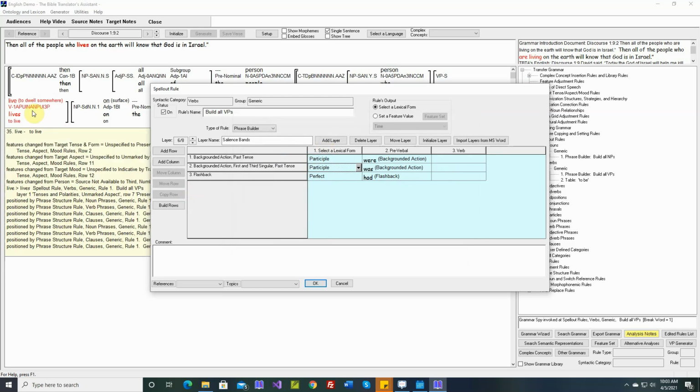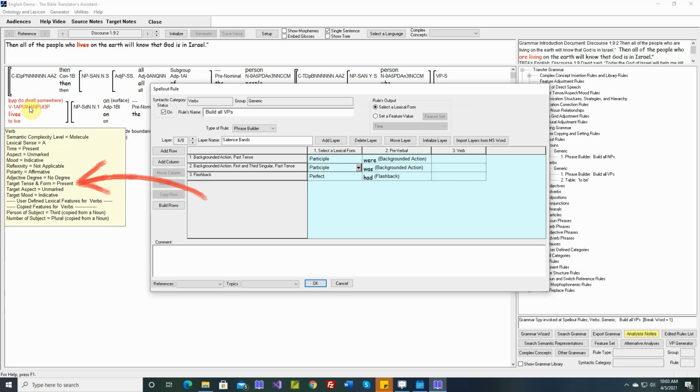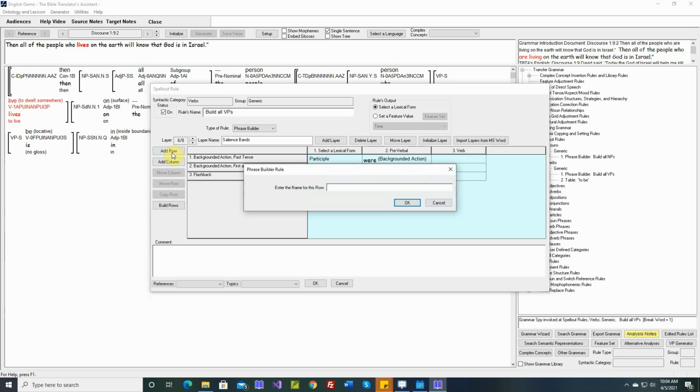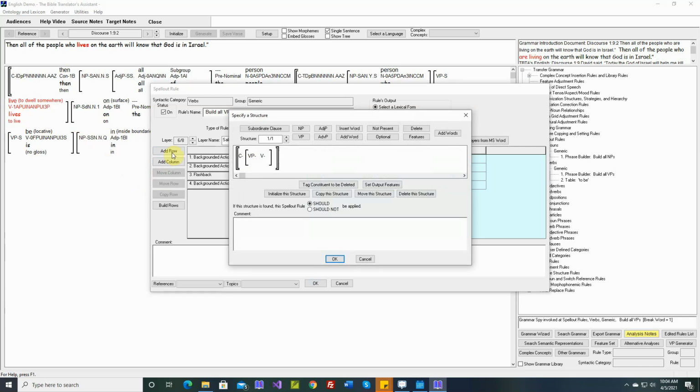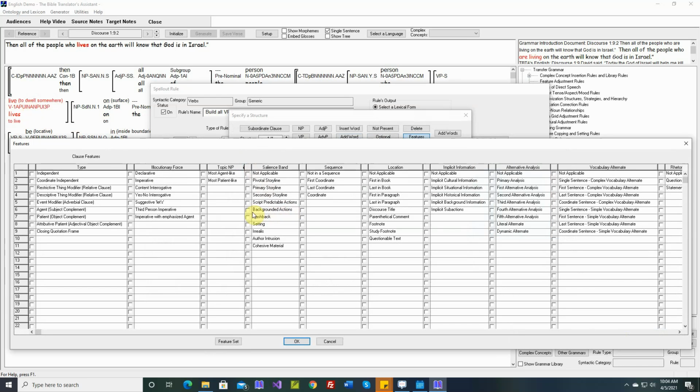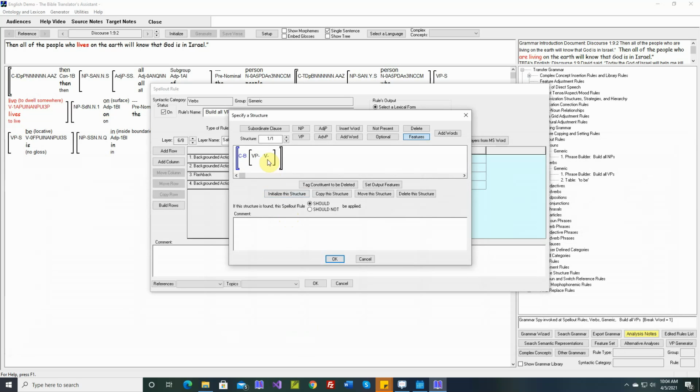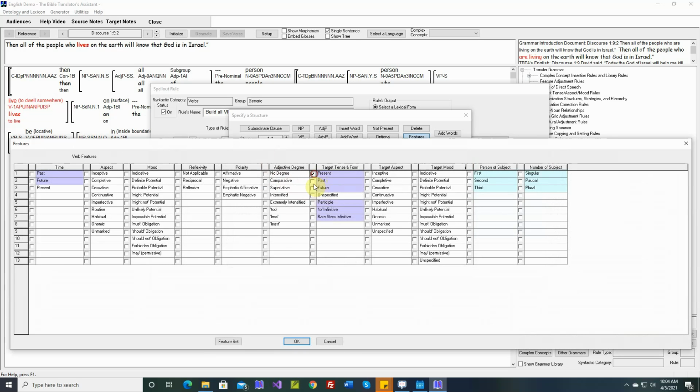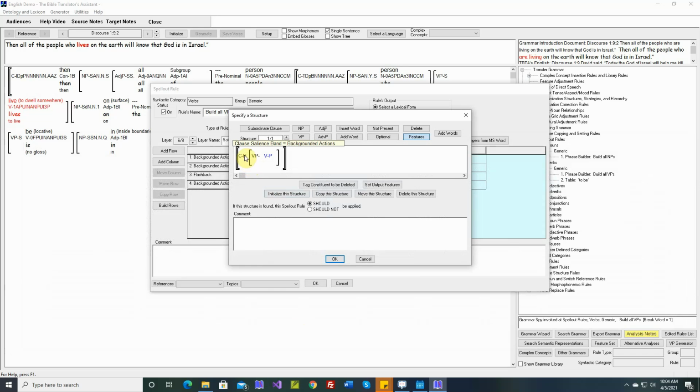So we need a row for present tense. And the person happens to be third and number is plural. Let's just add a row for present tense. By the way, we have to specify backgrounded action here.